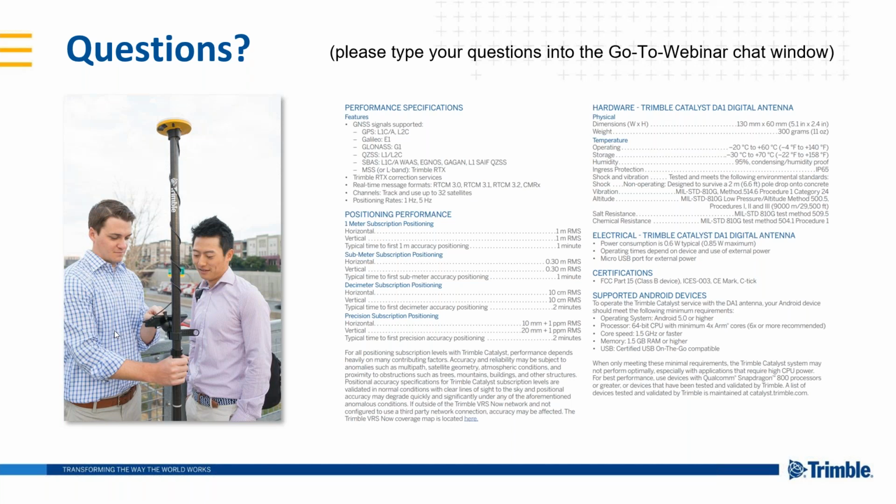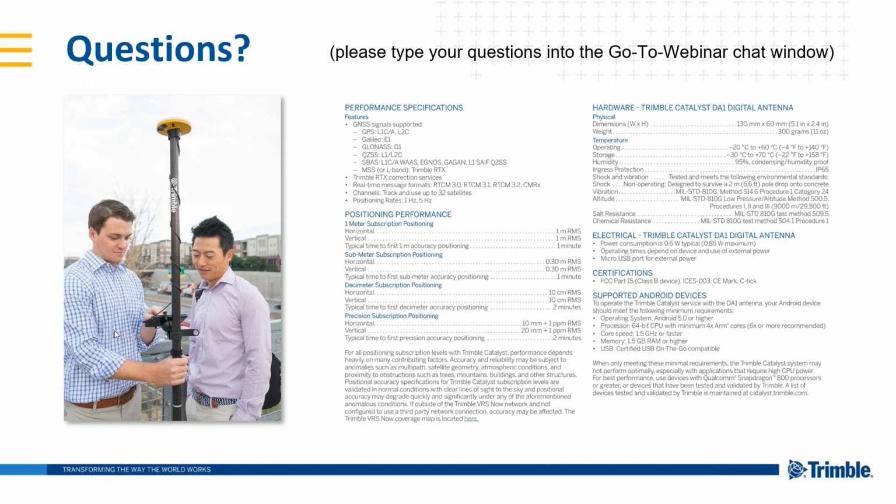The other thing I should say is if you subscribe to, say, centimeter level accuracy, then that is the best accuracy that you will achieve. However, if the infrastructure doesn't exist in your location to deliver that level of accuracy, the system will fall back and deliver the best level of accuracy that it can based on where you are and the technology available. But for most customers, the biggest question is whether you're online or offline.